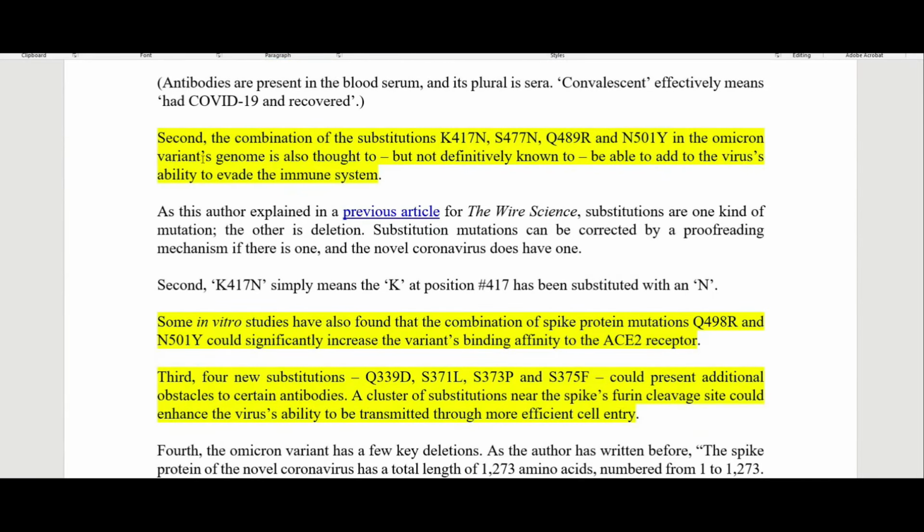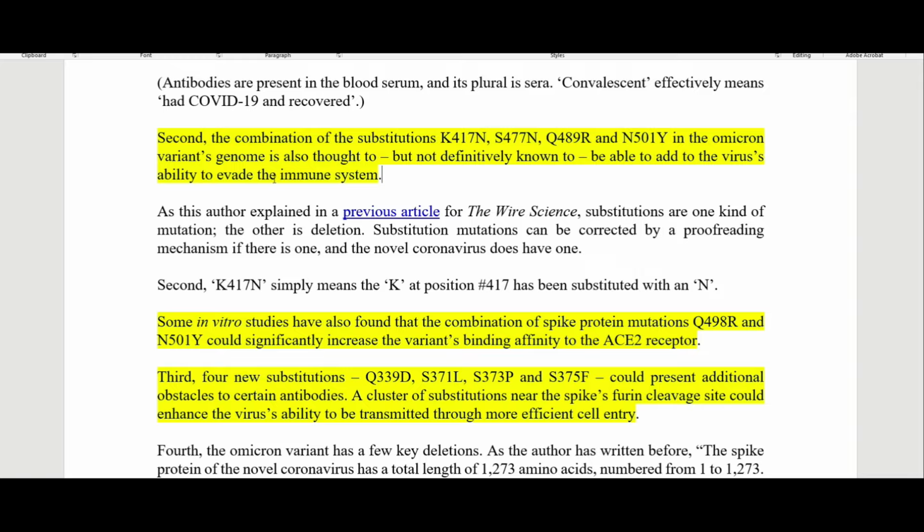So down here, second, the combination of substitutions: lysine 417 to asparagine, serine 477 to asparagine, then I think that is glutamate or glutamine, I always forget the Q, I think it's glutamine to arginine, and then this asparagine to tyrosine here.